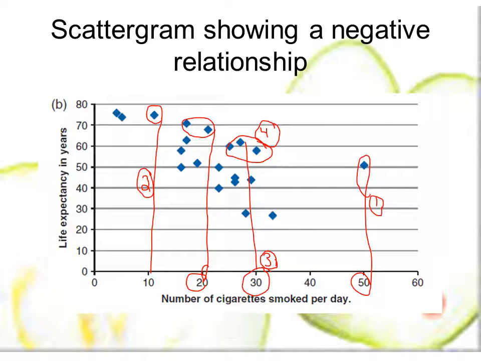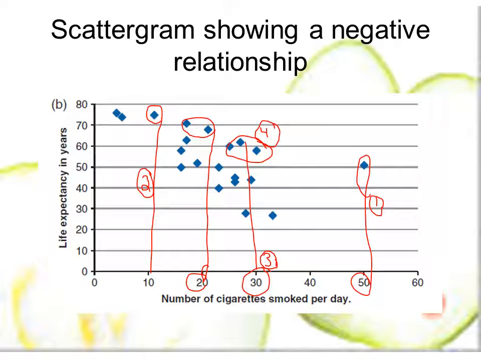However, if I go all the way over here to 10, I'll mark that with a 2, I can identify the negative relationship of number of cigarettes being 10 smoked daily, and we can say that the average life expectancy here is 75.